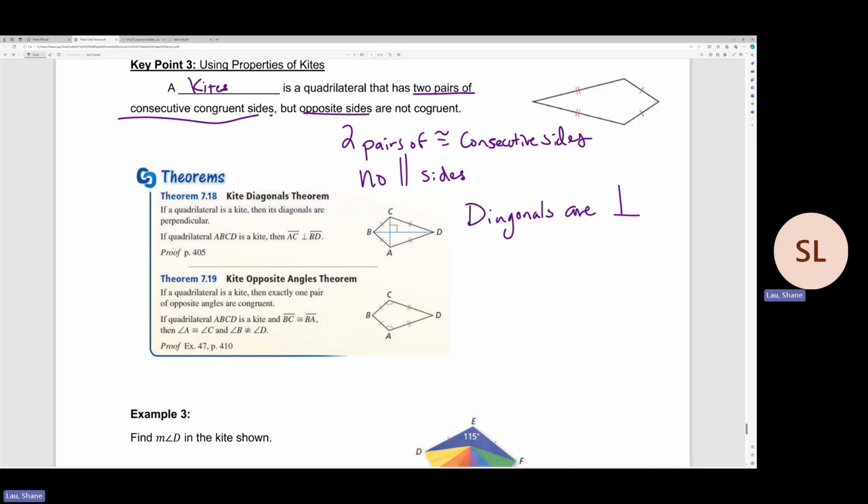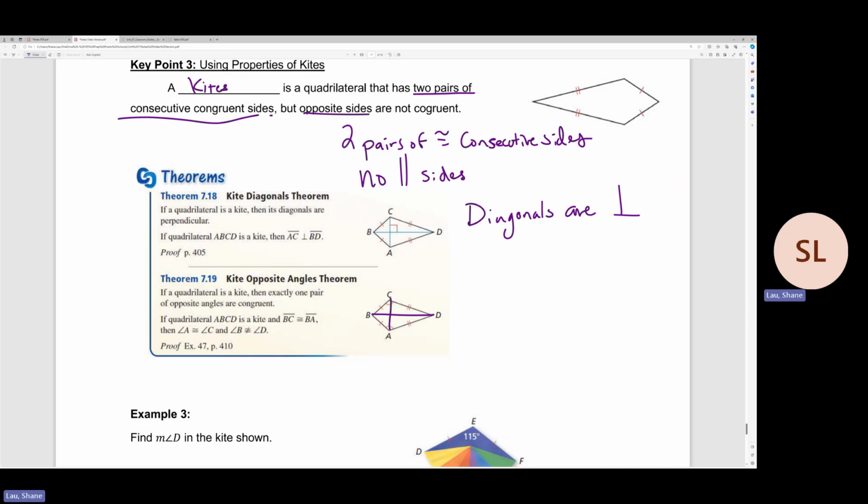And so for 7.19, the kite opposite angles theorem, this is a very interesting kind of theorem to describe. And I find the most effective way to put it is that if we take the diagonal AC, and we compare it to the diagonal BD, we know for sure that AC is smaller than BD, at least in this picture.